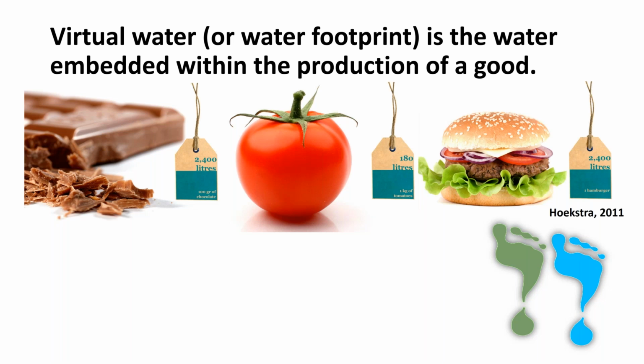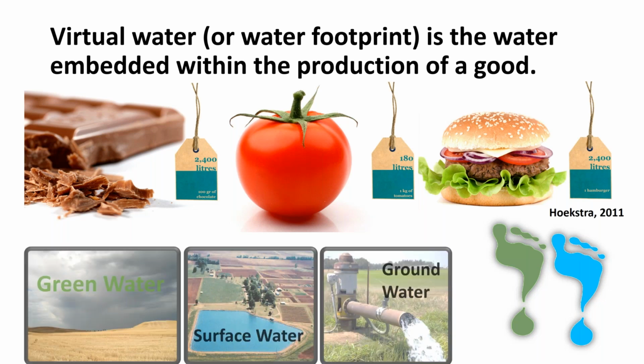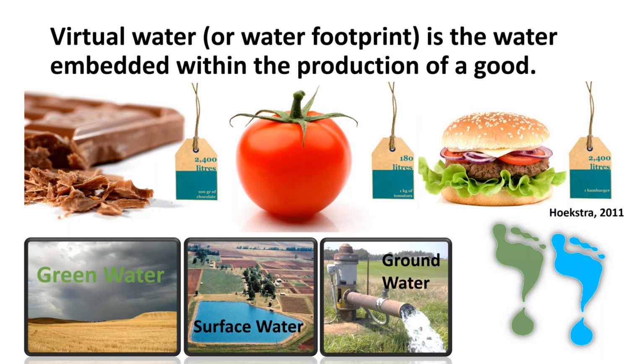But what it is saying is back through the entire supply chain, it takes roughly that much water to produce that one hamburger. And most of that's going to occur early in the supply chain when we're talking about production of animal feed crops. That water footprint is often broken down into blue and green water footprint, with green water footprint being soil moisture provided by rainfall, and blue water being further distinguished between surface water and groundwater sources.